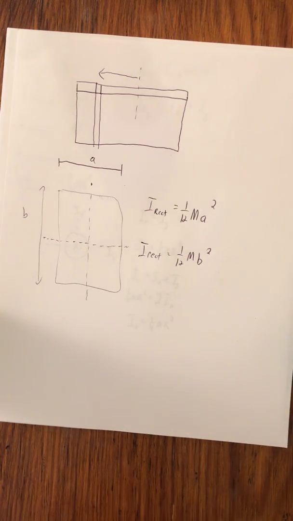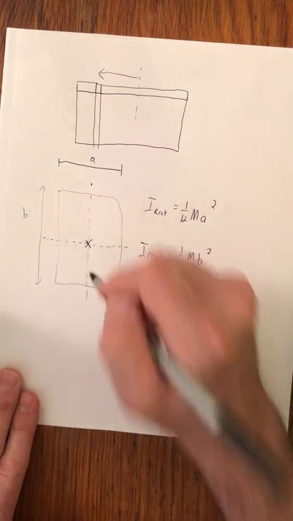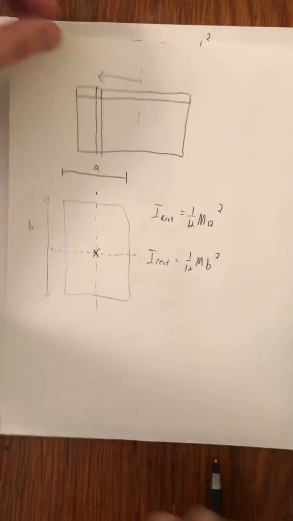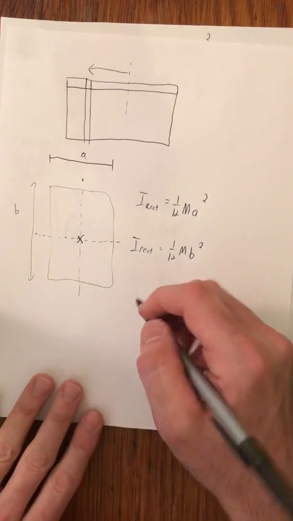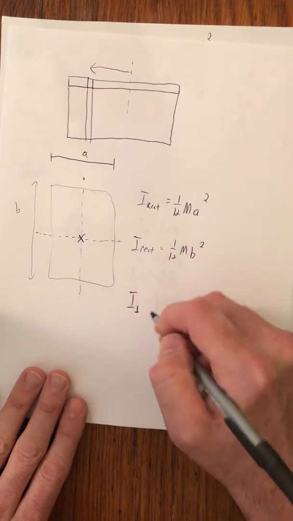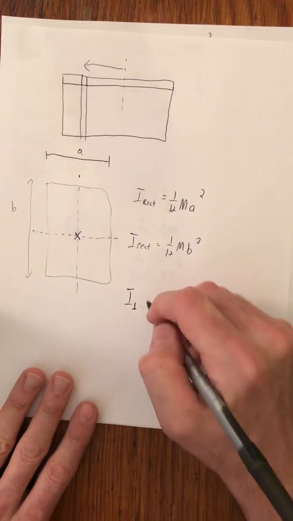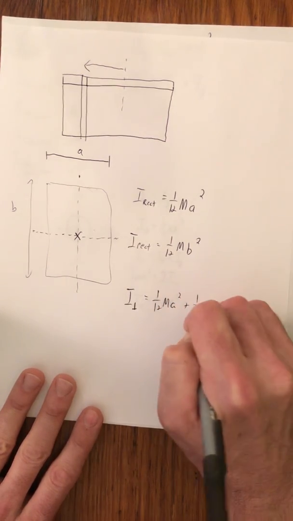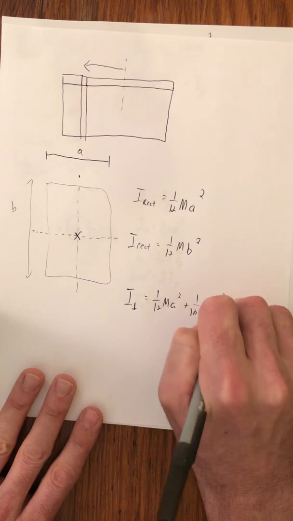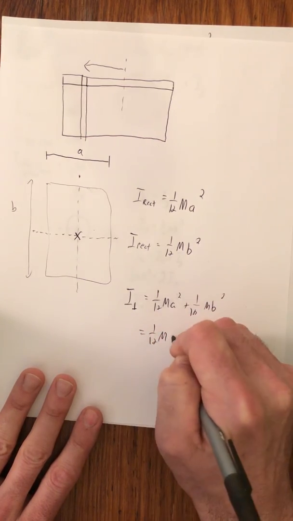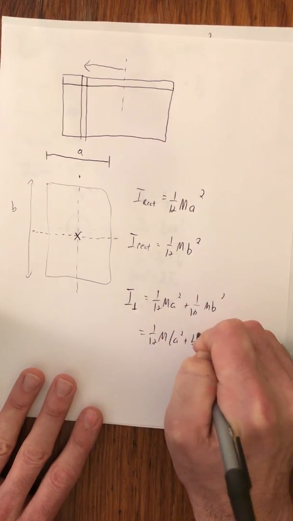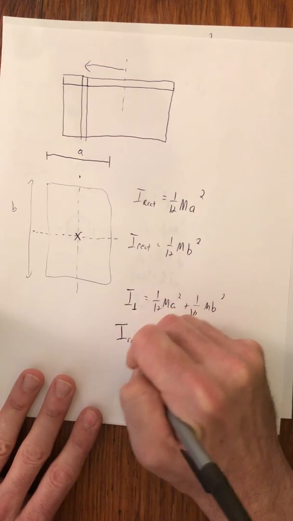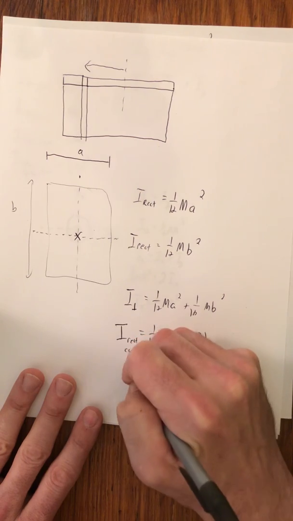And so then what would it be if I were to rotate the piece of paper through here like that? Well, once again, that'd be the perpendicular axis theorem. So I perpendicular for a rectangle through an axis through its center of mass would just be 1/12 MA squared plus 1/12 MB squared, which is just 1/12 M times A squared plus B squared, right? And that's for a rectangular piece of paper through its center of mass through the plane.